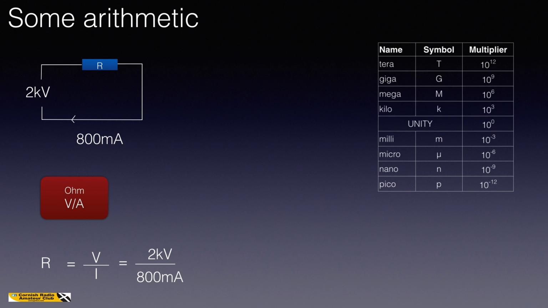Now, how would we write that? We'd write it like this: 2 times 10 to the 3 over 800 times 10 to the minus 3. And we would put that into the calculator in engineering notation, or standard form, it's sometimes called, and the answer would come up as 2.5 times 10 to the 6, or 2.5 mega ohms.